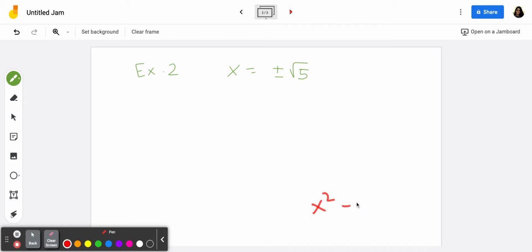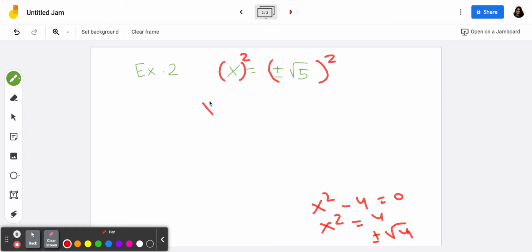Remember when I did x squared minus 4 equals 0, and then we add 4, and then we square root both sides? Well, it's kind of like saying that, only the square root of 4 is now the square root of 5, and you can't take the square root of 5. So actually, this one's also pretty easy. We're going to square both sides, essentially. So we're going to go ahead and square this side and square this side.